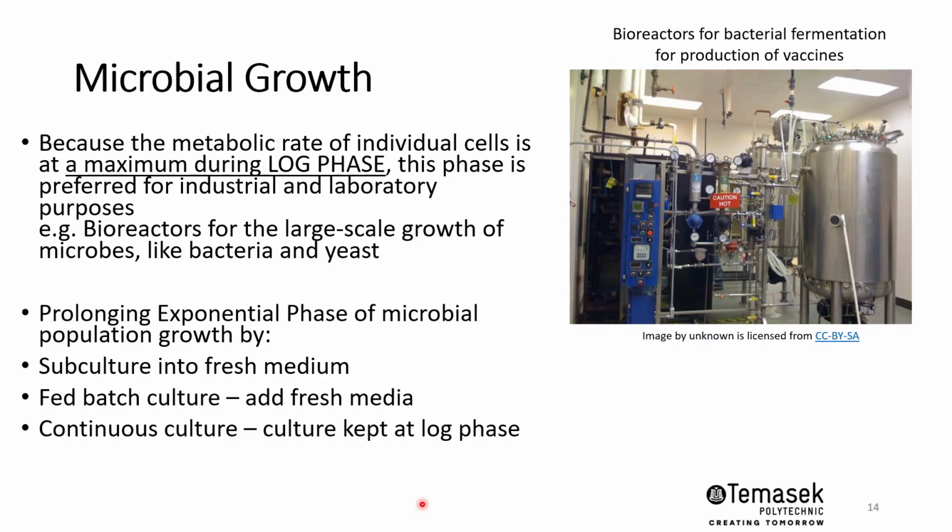Or we can keep it as a continuous culture, keeping it in the log phase continuously. On the right here, you will see some of the bioreactors that are used for bacterial fermentation in vaccine production. Often this could be a fed batch culture where the cells are kept happy and are always at a high metabolic rate, i.e. in the log phase itself.